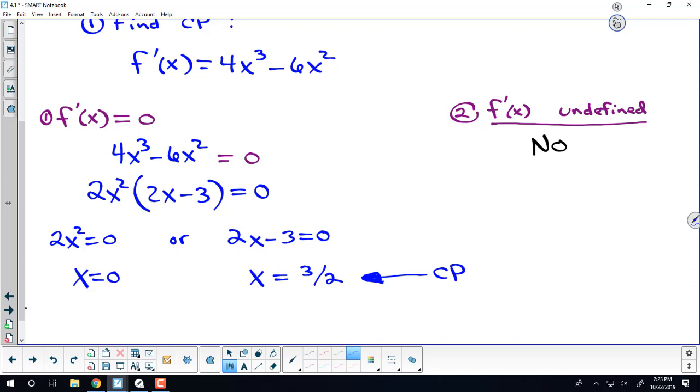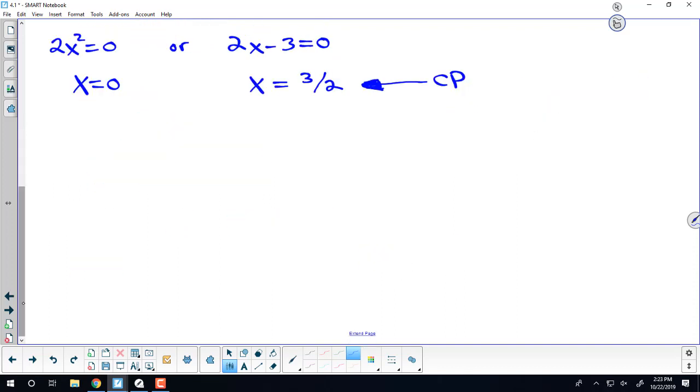Okay, so the procedure, find critical points, then evaluate your function at the critical points and the endpoints. So that's step 2, evaluate the given function f of x at the critical points and endpoints.